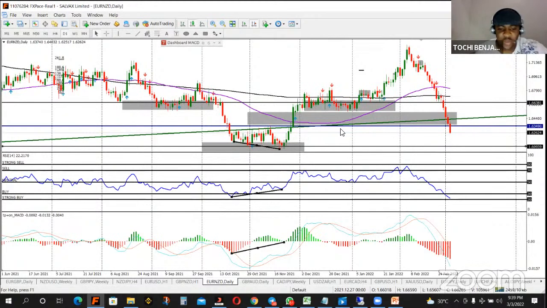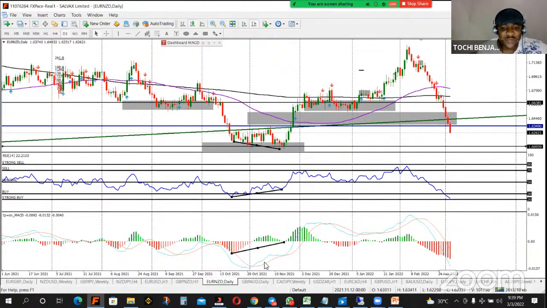Okay, so now let me show you. We are talking about the MACD. The MACD line is the green or blue or whatever it is. This line I'm talking about is the blue one, and the red one is the signal line.